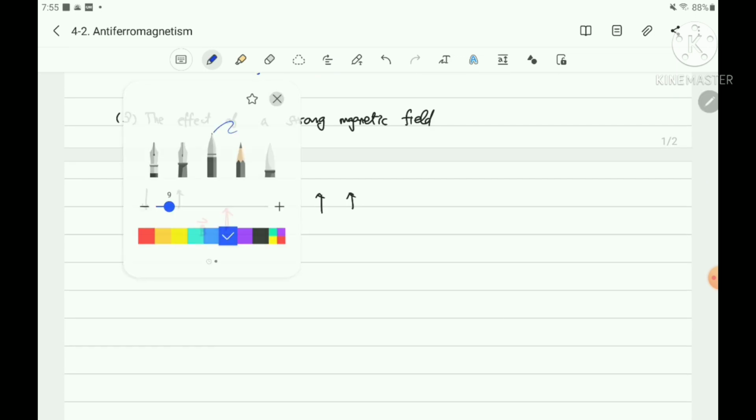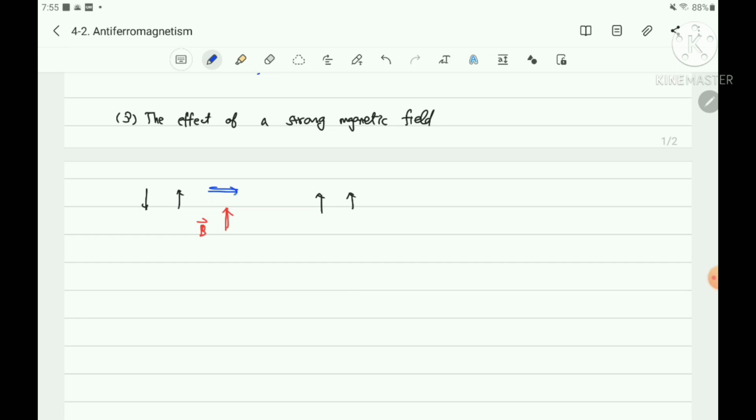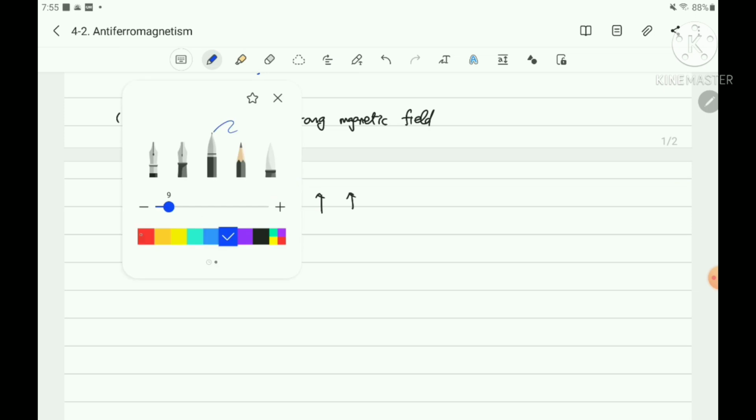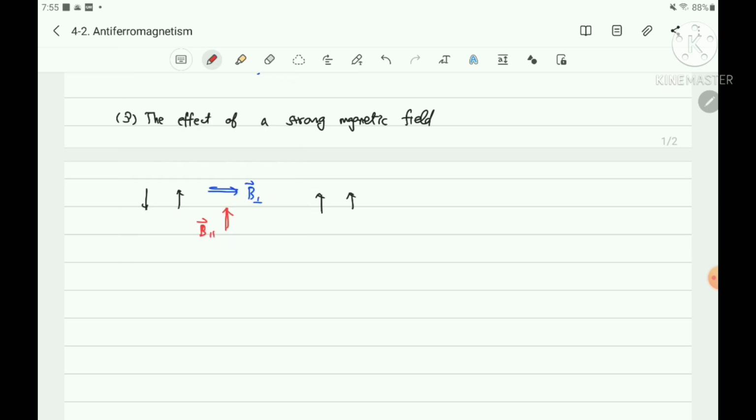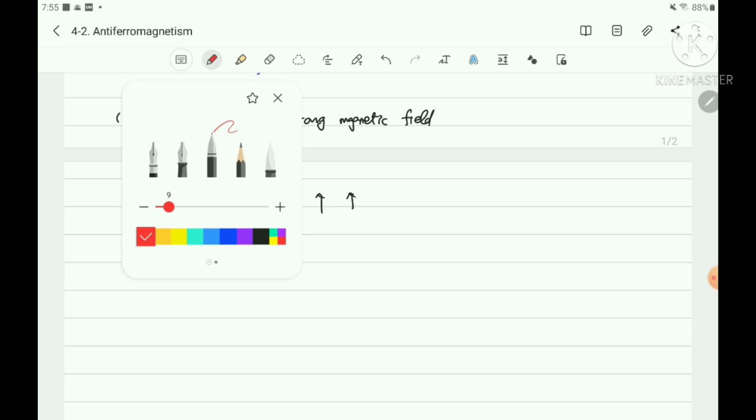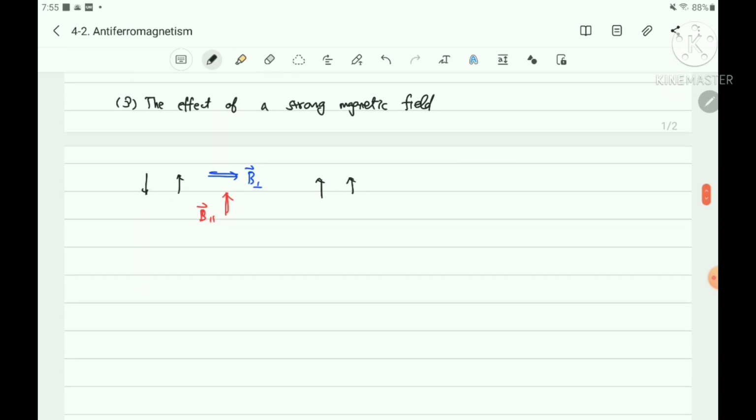We can apply the magnetic field in two directions. One direction is the antiparallel direction, and the other is the parallel direction. Let's consider the two cases.